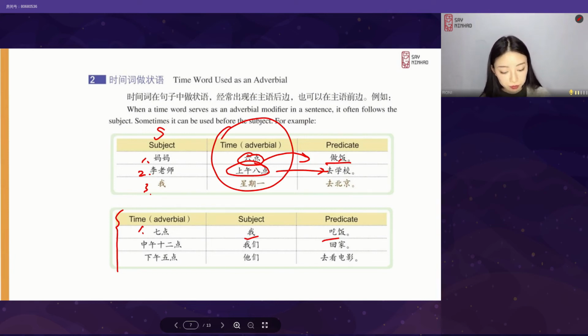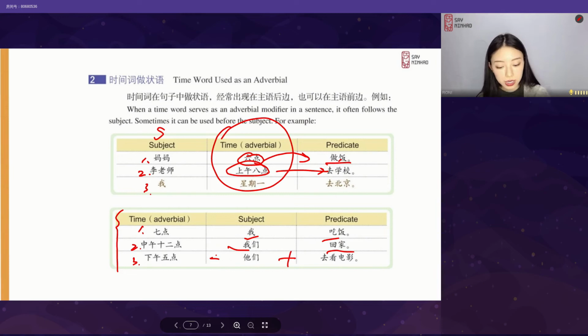Next one. 中午12点我们回家. 中午12点, 12 o'clock at noon. 我们, we, the subject. 回家, go back home. We will go back home at 12 o'clock at noon. Last one. 下午5点, afternoon 5 o'clock, and the subject 他们, they. 去看电影, go to watch the movies.